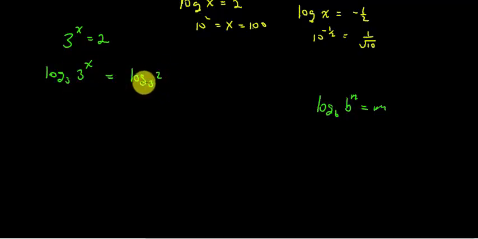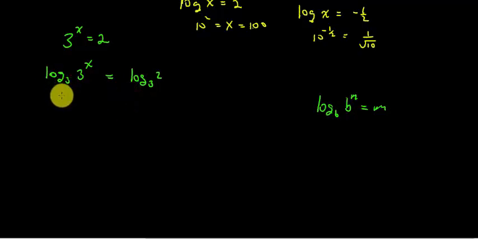I can take the logarithm of both sides, log base 3 of both sides, because if these things are equal and there's only one value of x that can make 3 to the power of x equal to 2, then logarithmic functions are 1 to 1, and so the functions would have to be equal to each other as well.